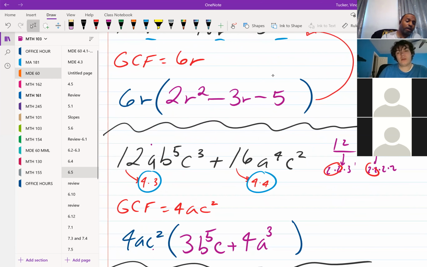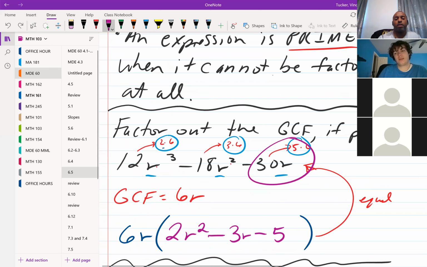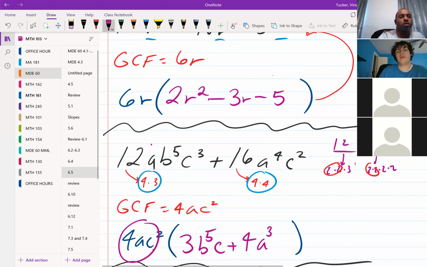So once again, whatever I say the GCF is, that's what's sitting on the outside of the parentheses. So 4AC squared. Then on the inside is going to be what's left. I took 4 out of the 12, so I'm left with 3.